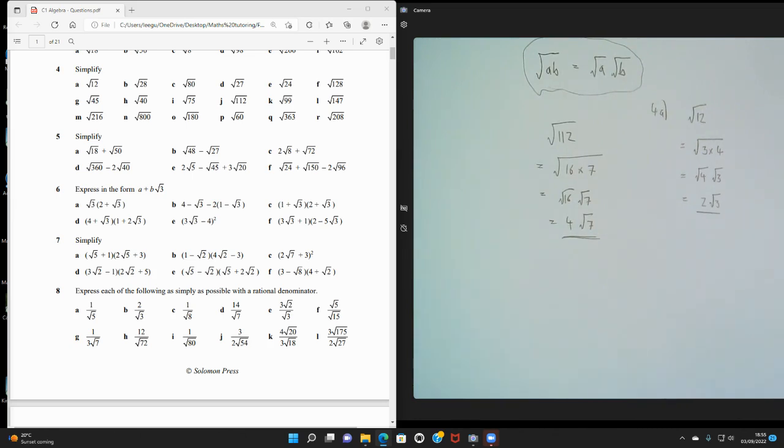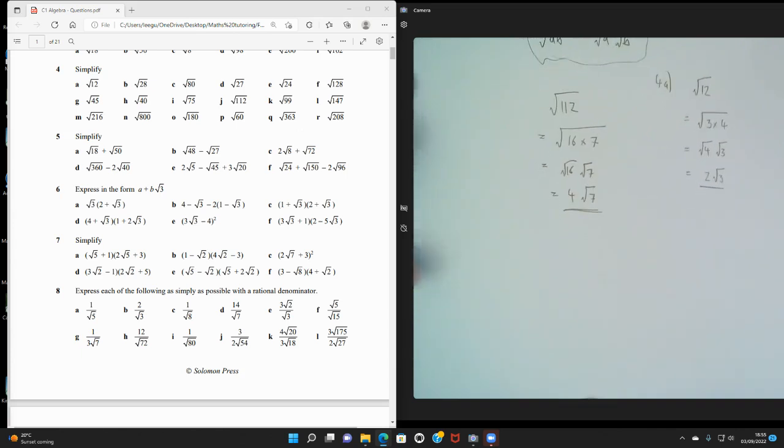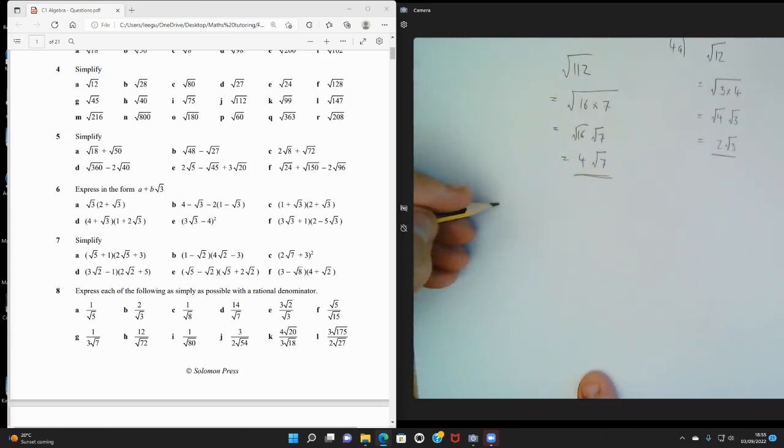So I highly recommend that you have a practice of some of the ones from question 4 there. Let's have a look now at an expression like, say, in question 5. So in question 5, we get slightly more complex, because what we need to do in question 5 is simplify the surds, and then we need to collect like terms. So I'll do 5C.